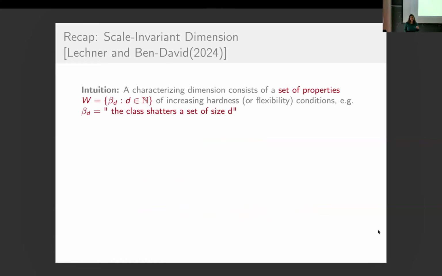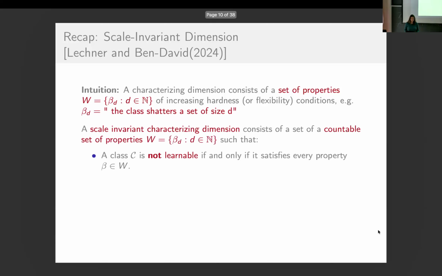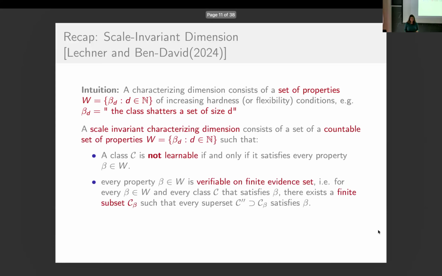In many cases, these correspond to something like a class of size D can be shattered, and we have a countable set with D increasing over the natural numbers. Formally, we say a scale invariant dimension is a countable set of properties such that a class is not learnable if and only if it satisfies all the properties in W.